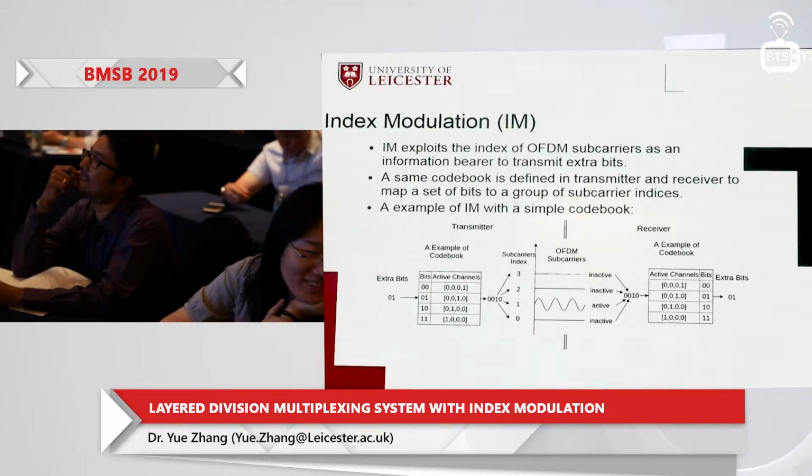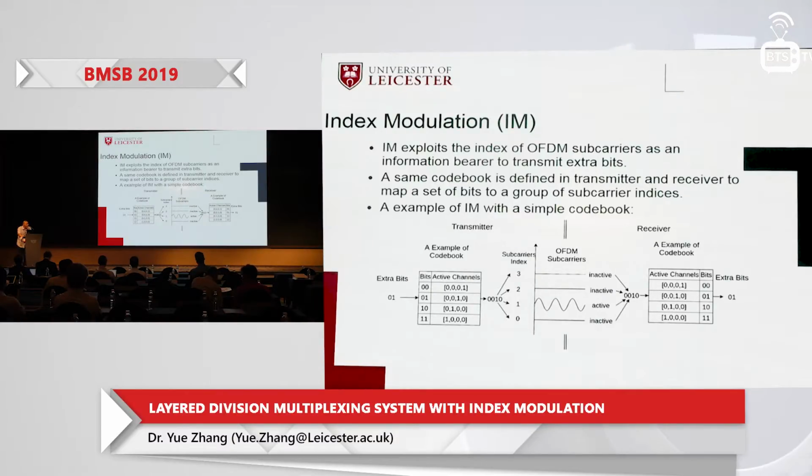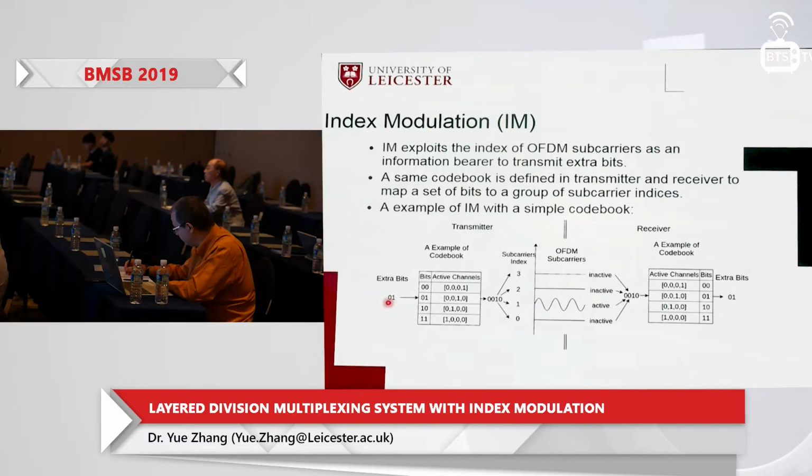So if you look at this example here, O1 is information bits. You can have 2 bits: 00, 01, 10, 11. So O1, you can regard this as index 1. If you put the data at index 1, that means the information bits are 01.